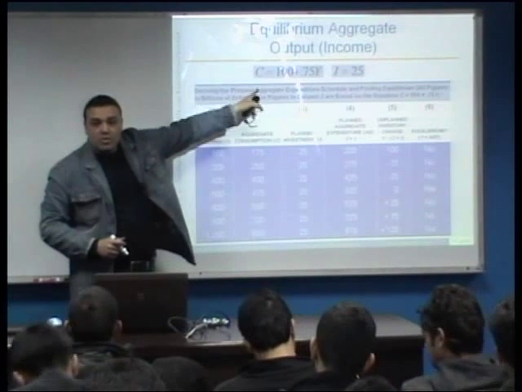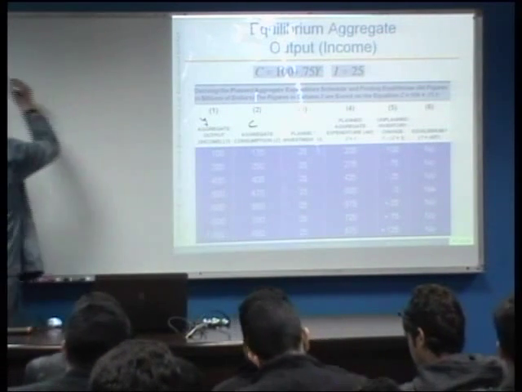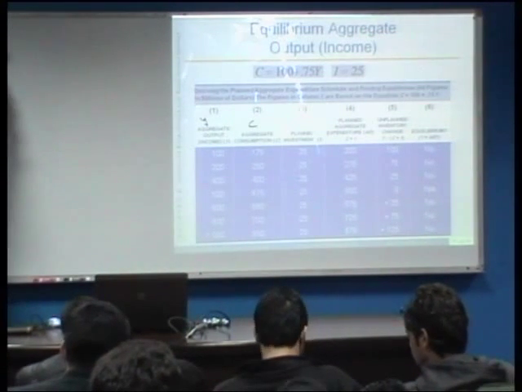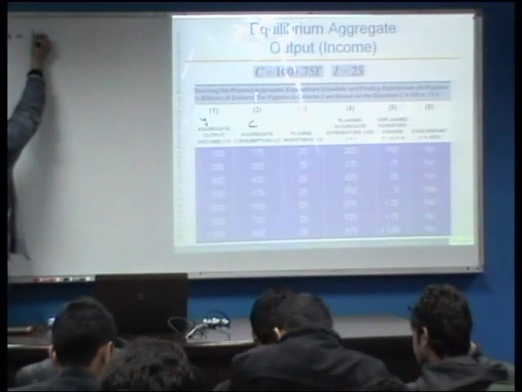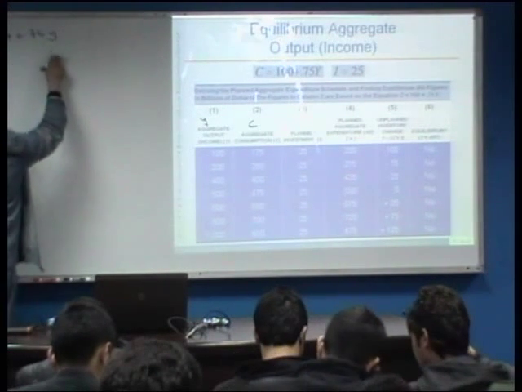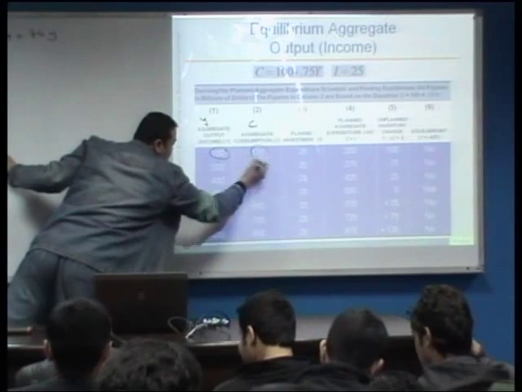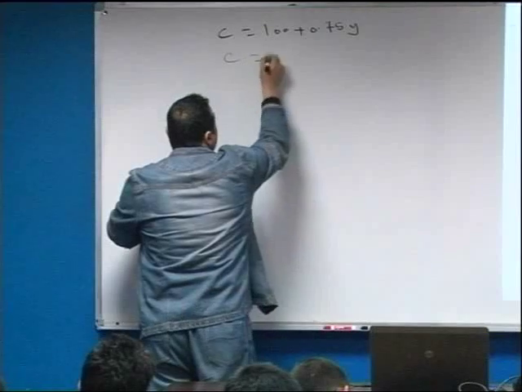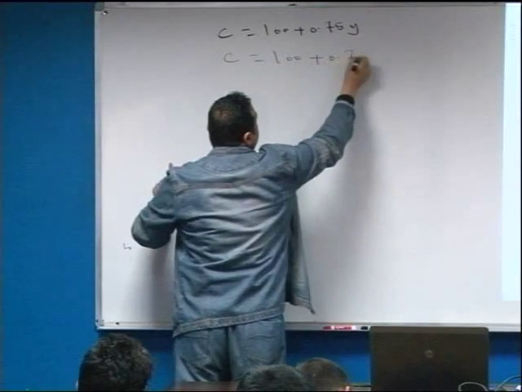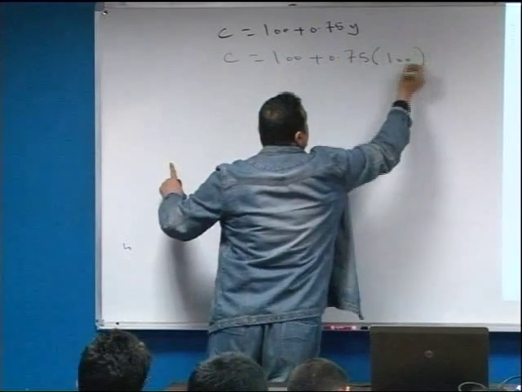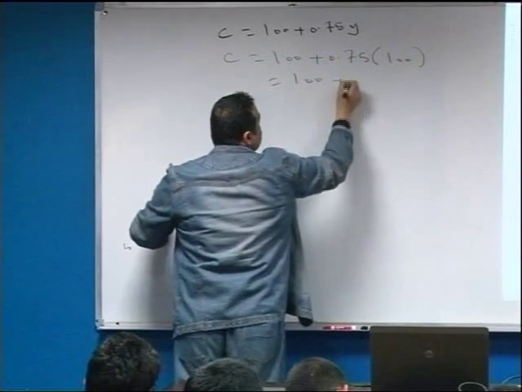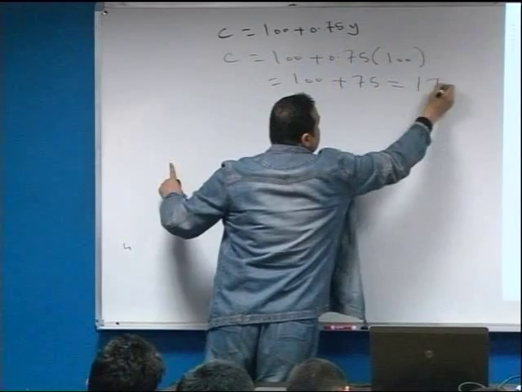We have to calculate C. C equals 100 plus 0.75Y. At Y equals 100, C equals 100 plus 0.75 times 100, equals 100 plus 75, equals 175.